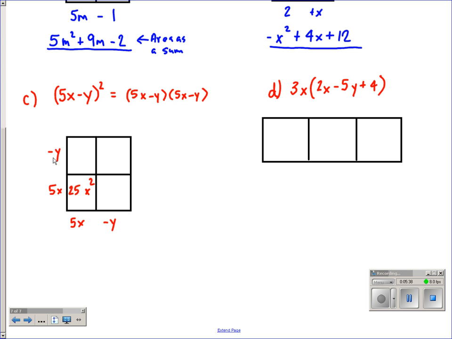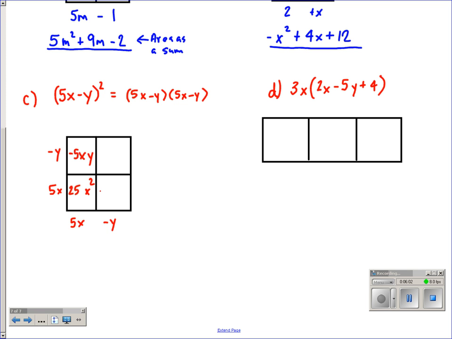5x times negative y is going to give us a negative 5, because it's like saying 5 times a negative 1. And then we're multiplying that times an x and times a y. So we get negative 5xy. For our bottom right here, we've got 5x times a negative y.